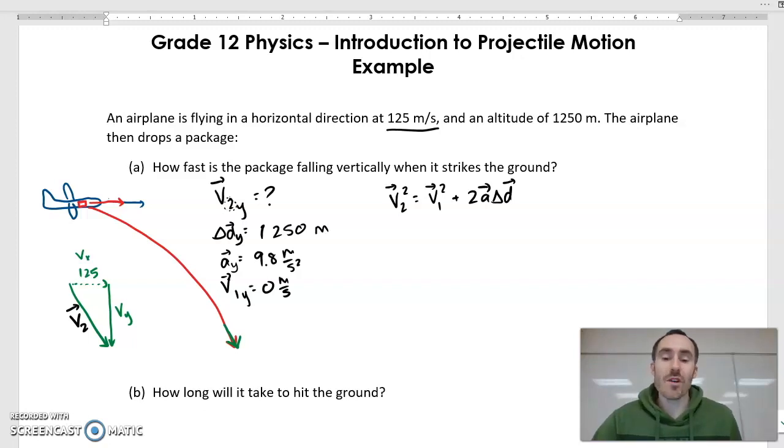Since I'm trying to solve for v2, I don't even have to rearrange this. Now, I could put y's on all of my variables here, but I know I'm doing a y calculation, so I'm not going to put it in all over the place. I am solving for v2 though, so I want to do the square root of v1 squared plus 2ad.